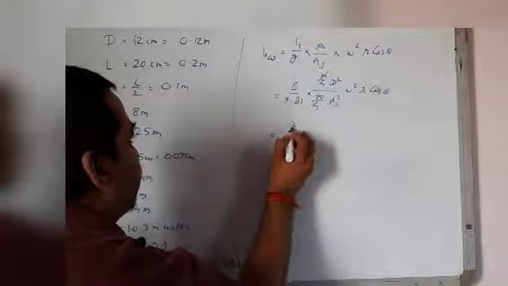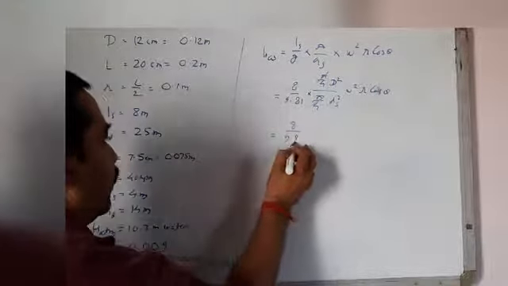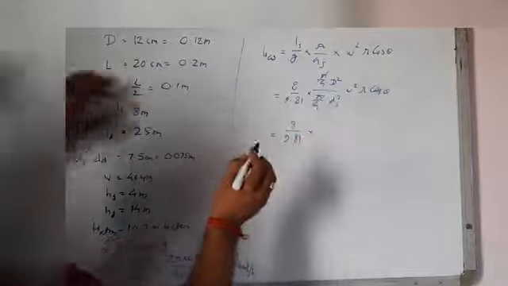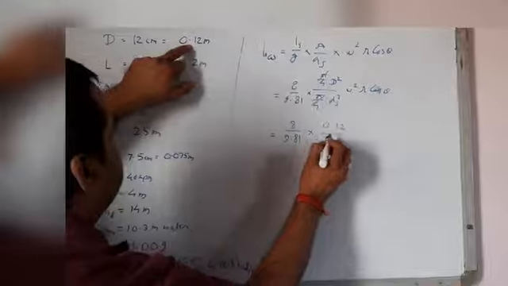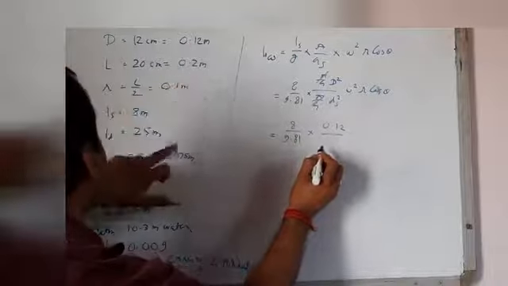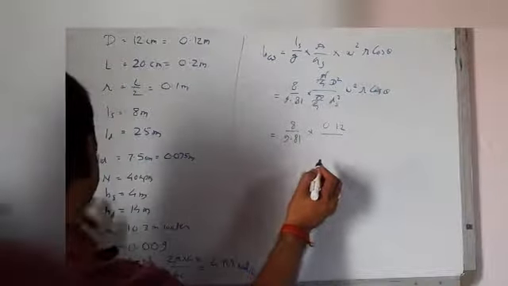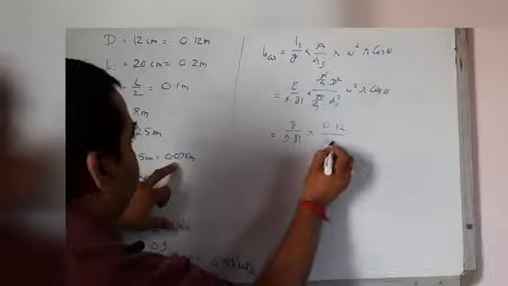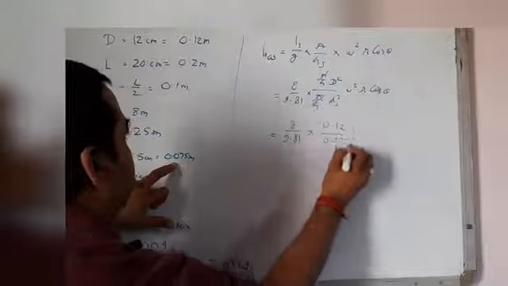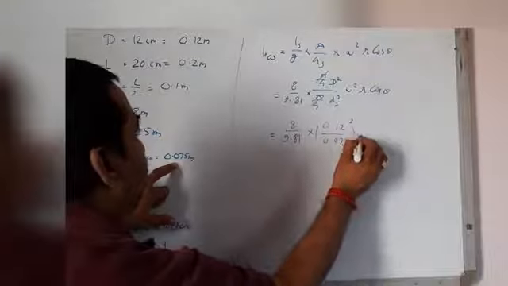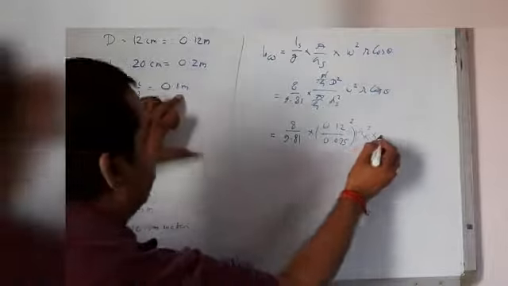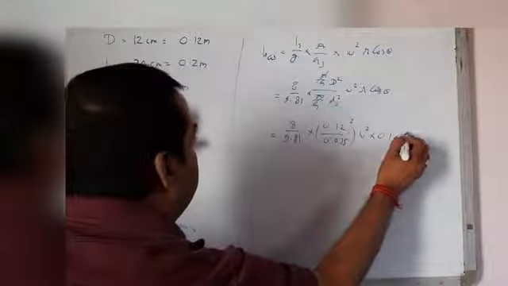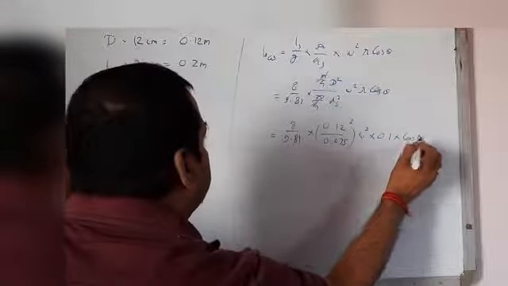So 8 by 9.81 into d is 0.12 by ds is 0.075 square, omega square into r is 0.1 into cos theta.